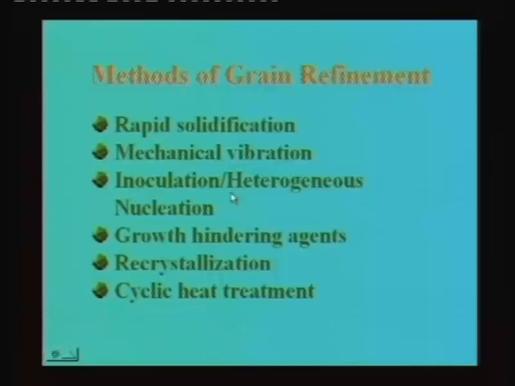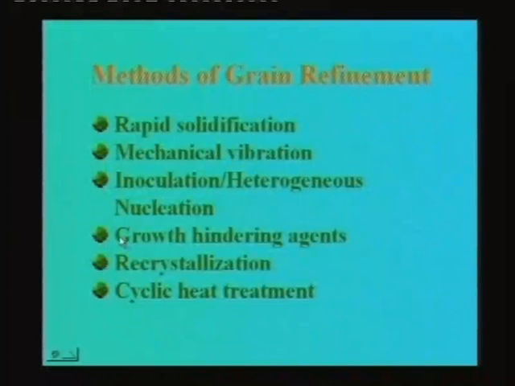As a result, you cannot use these solid state processing techniques. That is why one has to adopt only these first three techniques for castings, because once the casting is obtained, you do not do anything else with it except giving a good surface finish, whereas in the case of wrought alloys we are going to deform it. So as a result, one can use recrystallization as a process, and one can also put certain growth hindering agents at the grain boundaries.